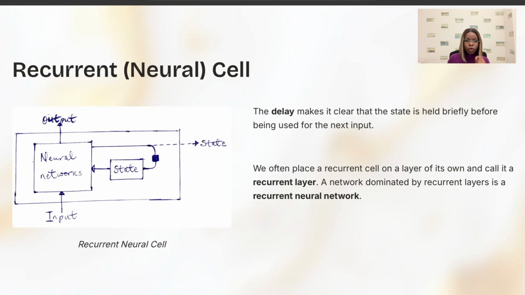That is the output. Whilst it gives that output, it saves the fact that it received a word and this was the output, but it doesn't immediately put it inside state. It puts it in that black box called a delay. This delay signifies that whatever is in the state does not immediately get used until it is needed.